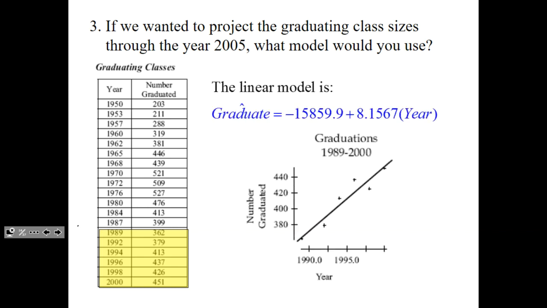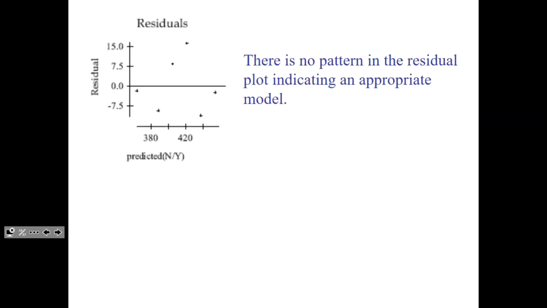Using that data, I come up with this kind of scatter plot. And that would be my model using this data. So the number of predicted graduates is equal to negative 15,859.9 plus 8.1 times the year. My residuals show no clear pattern. Of course, I don't have a lot of data in there though. But the residuals tell me it's okay to use a linear model.